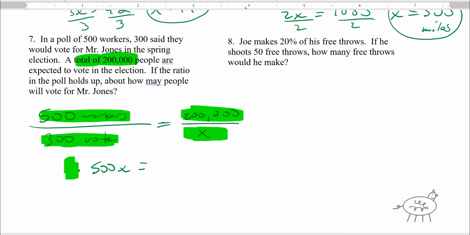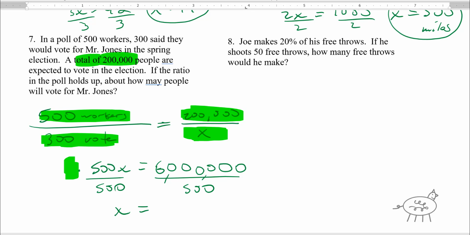So we get 6 zeros, that's a big number. 6 million. And then we divide by 500. Doesn't matter how big the number is, you're using your calculator anyway. So divided by 500 gives me 120,000. That's your answer.